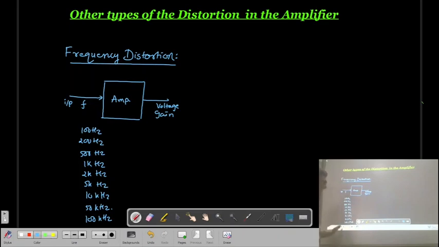Means I am applying a lower frequency, and I go on increasing the frequency until we apply the higher frequency.